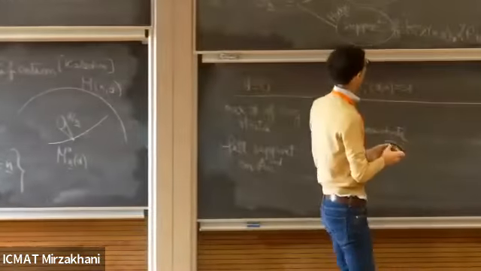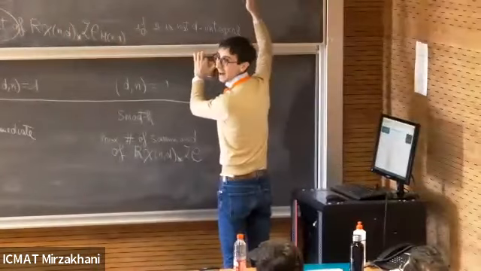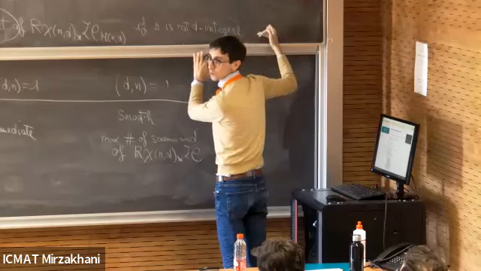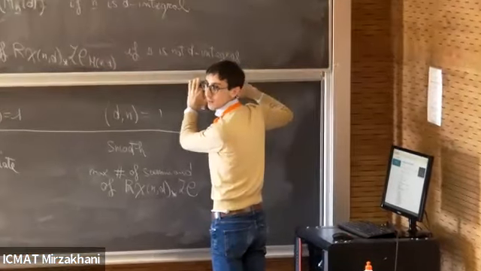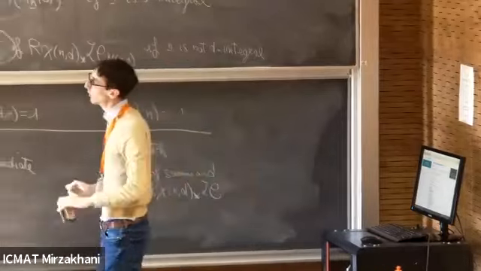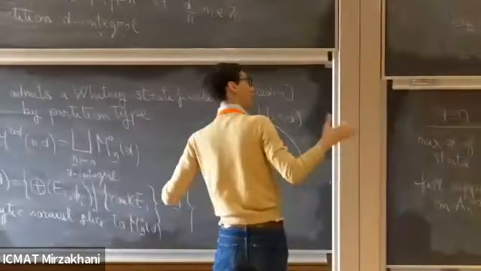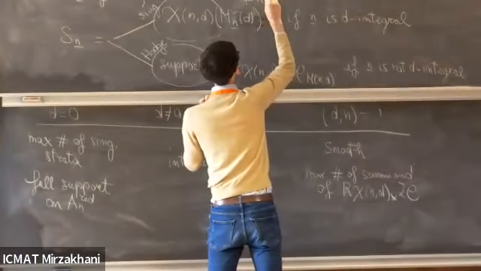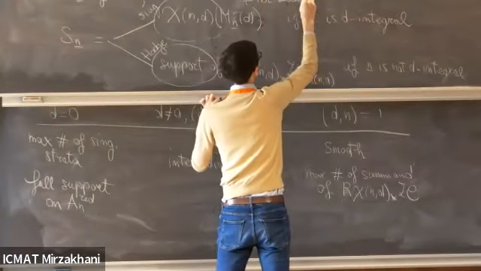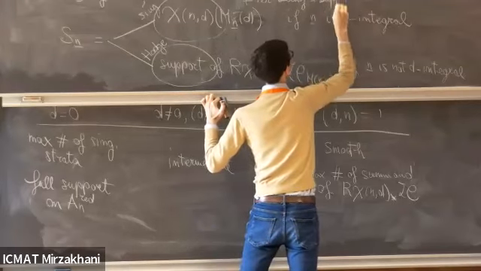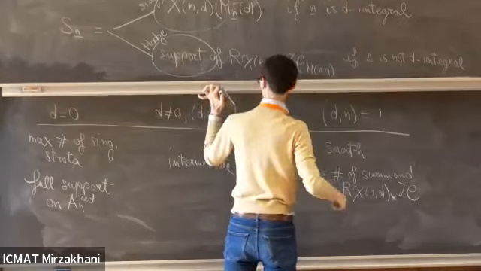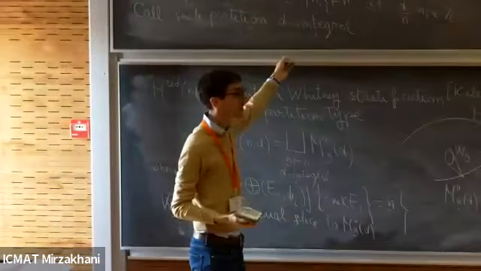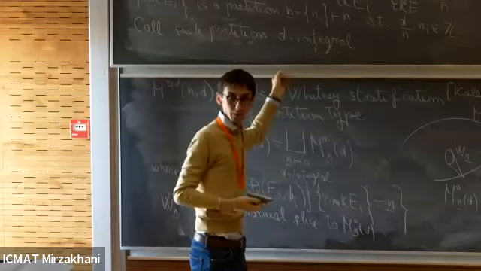No. I mean, I want to say that there is this dichotomy. It is in the theorem. Either you are in this case or you are in this case. But we can be more precise and also say what the summand is on that support.